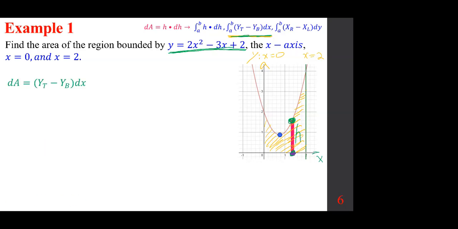So dA is y of the top minus y of the bottom, times dx, which is the width. Okay, so in other words, dA becomes y of the top minus y of the bottom times dx. This is it.